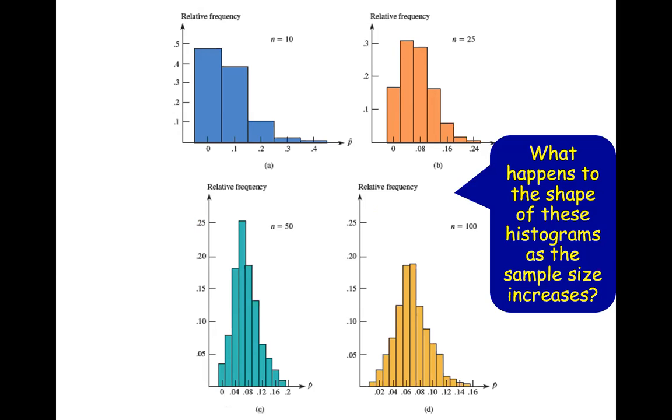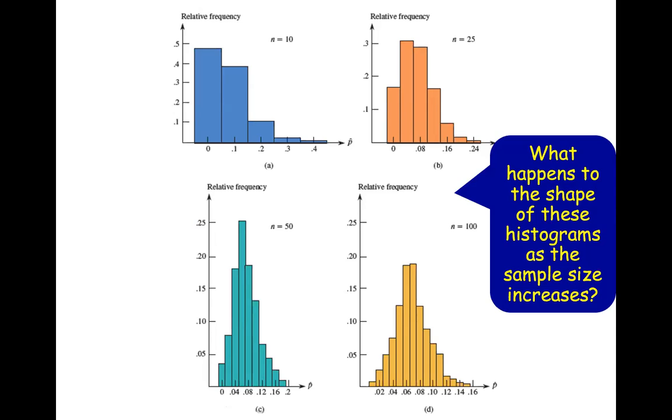All right, let me go to Madison. Madison, what do you notice? As n increases, it becomes more symmetrical and less skewed. Exactly. Nicely done. So as n increases, the distribution is getting more symmetrical. In fact, it's getting more and more normal.